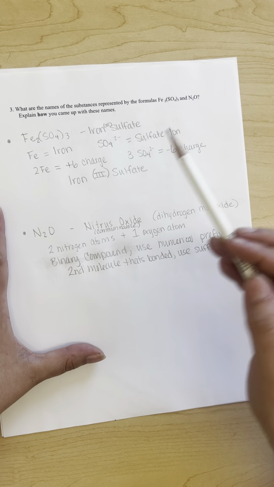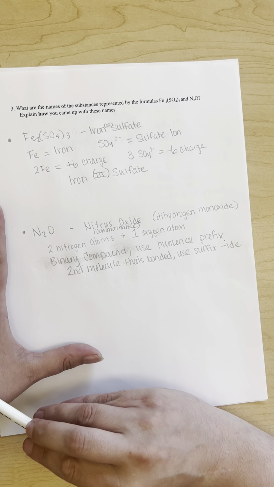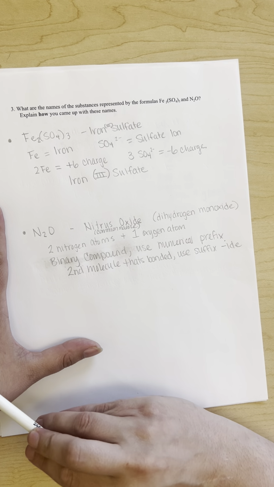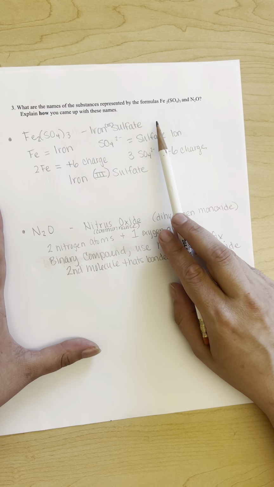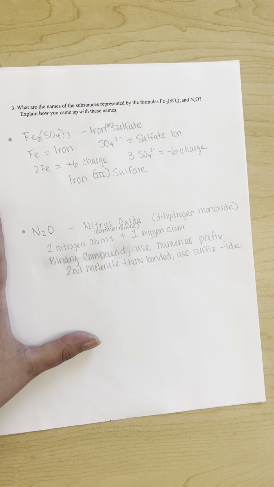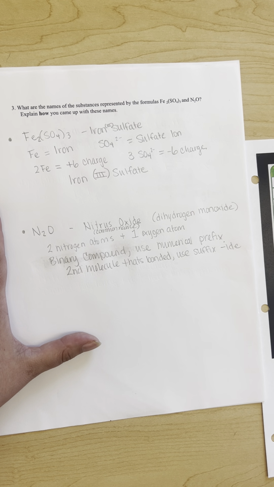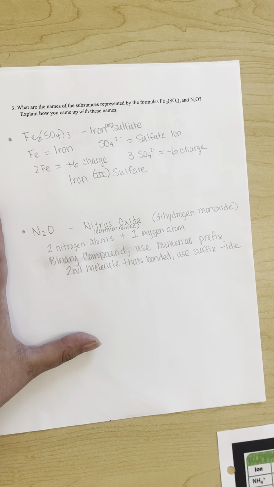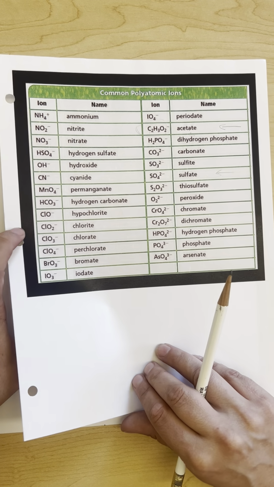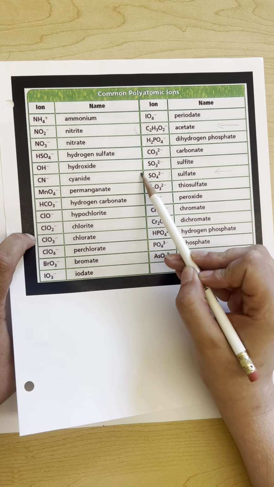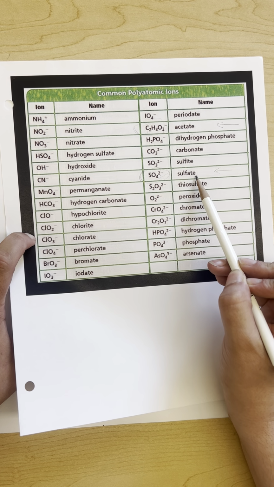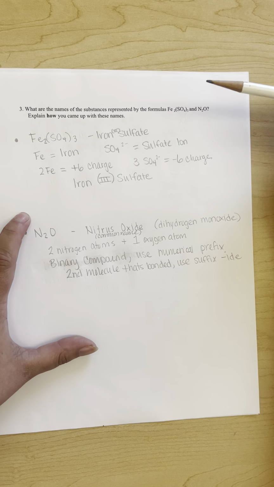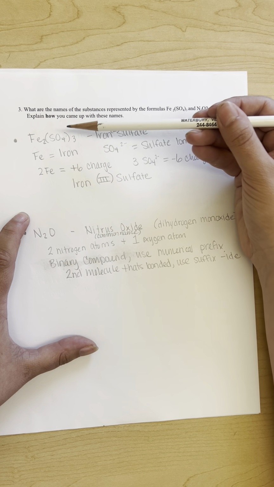We have what are the names of the substances represented by the formulas here, and so we went with iron sulfate here because this SO4 that we have here, we find it here on our polyatomic ions. We see here SO4 has a -2 charge, and that's a sulfate. So because we have this, we're calling it sulfate.